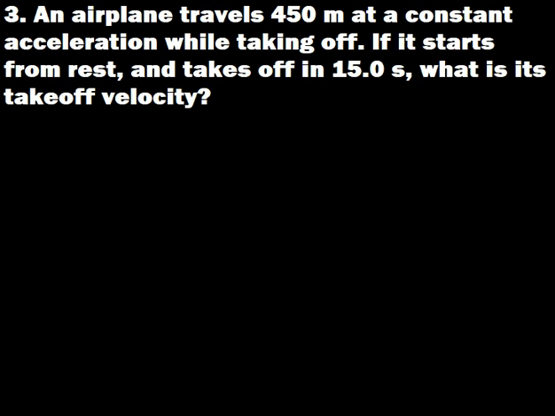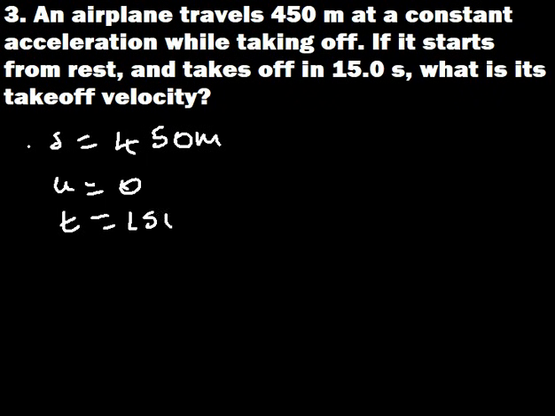Let's say this is the question. An airplane travels 450 meters, that is the displacement, at a constant acceleration. Now if it starts from rest, that is the initial velocity itself automatically, and the time taken is 15 seconds.